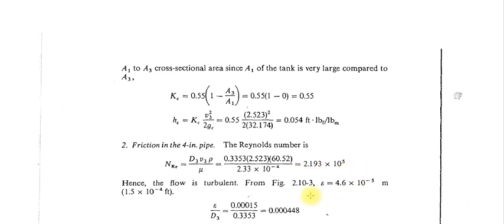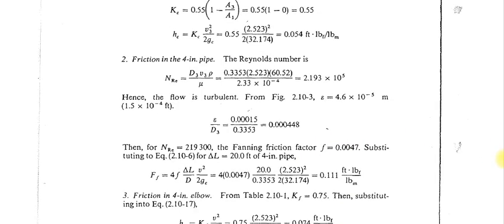And in the diagram, the surface roughness is given as 4.6 multiplied by 10 to the power minus 5 meter. So you can calculate the relative roughness factor, epsilon by d, and it will come to 0.000448. Here d is the diameter.